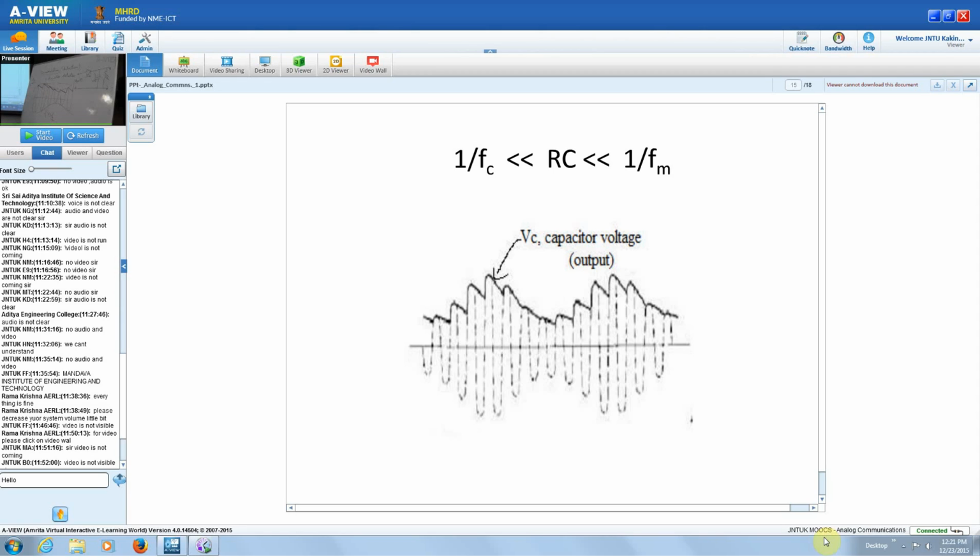We said 1000 kilohertz or more, or 100 kilohertz. Therefore, this much variation will not be there in actual practice. It may be something like this, following the waveform.